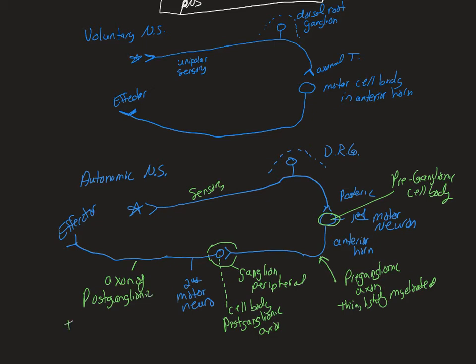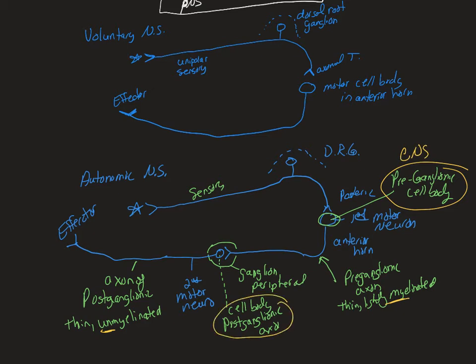Again, also thin, sometimes very, very thin, but these tend to be unmyelinated, not always, but this is kind of a typical pattern. So this is unmyelinated, where this one is myelinated. Okay? Now, remember over here, the preganglionic cell body, keep in mind, it's in the central nervous system, whereas this cell body is in a peripheral ganglion. Okay, that's another component to keep in mind.